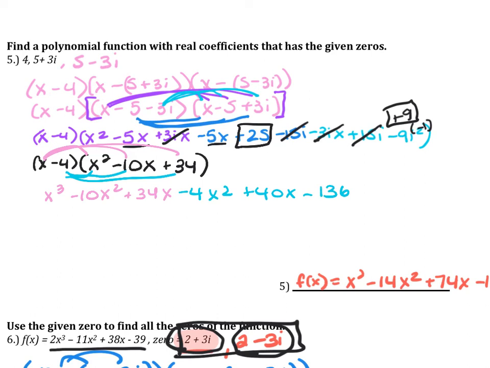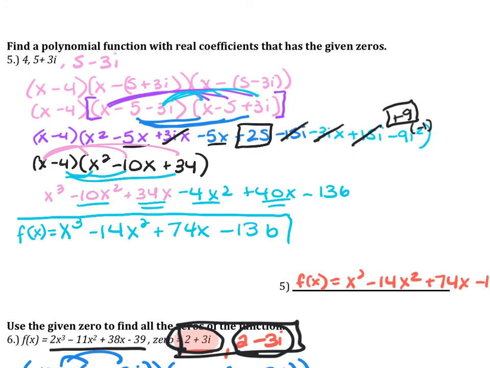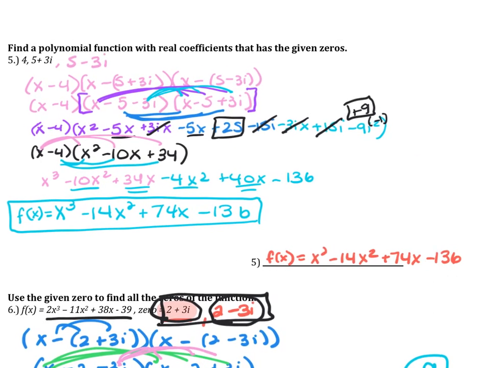And then combine my like terms. There's 2x squared, 2x's, and there's your answer. So again, be really, really careful when you're multiplying that stuff out.